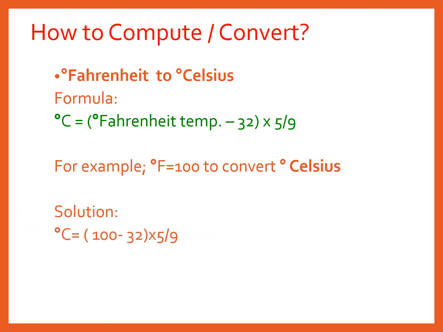The solution is: 100 minus 32, times 5 over 9, so 68 times 5 over 9. So 100 degrees Fahrenheit in Celsius is 37.7 degrees Celsius.